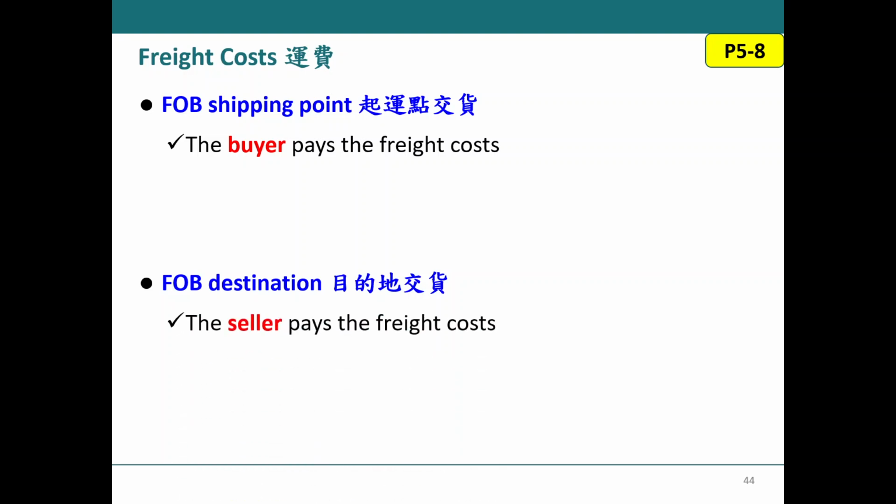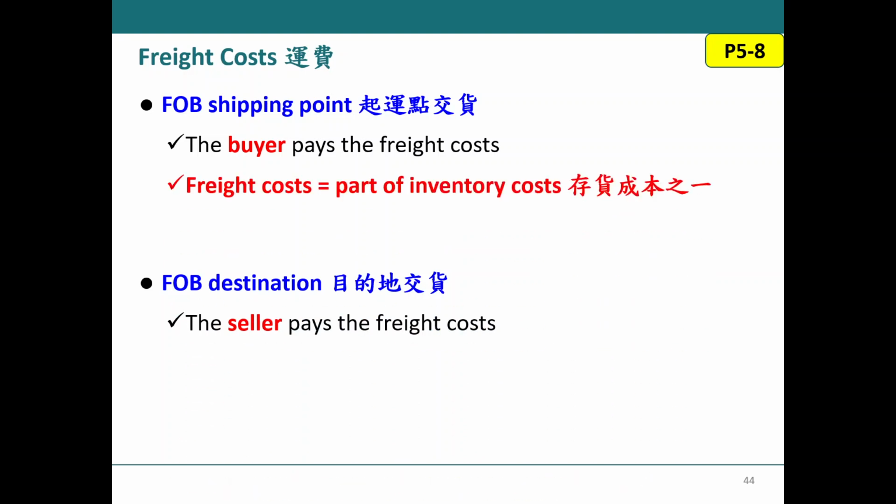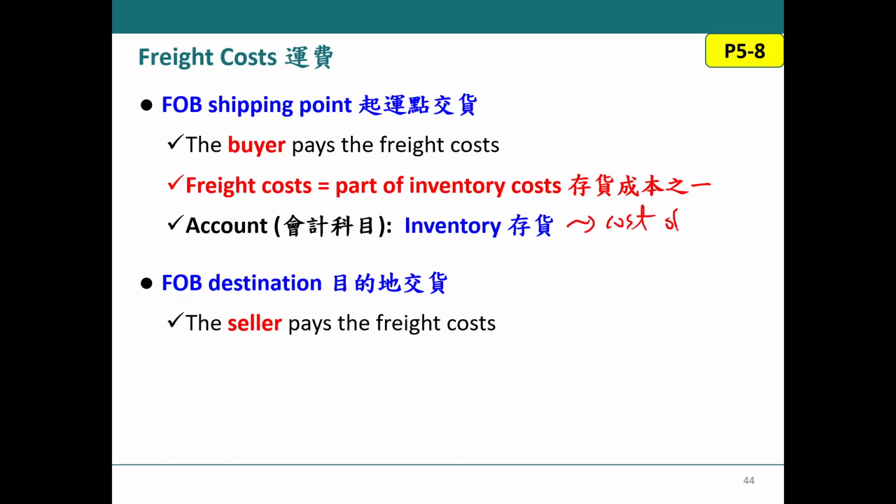So the delivery fee the buyer paid is part of the inventory cost, right? So we should record it as inventory. Why is that? Because that made your cost of inventory increase, right? So if it's FOB shipping point, the buyer pays the freight cost. That freight cost means inventory increase, means cost of inventory increase.